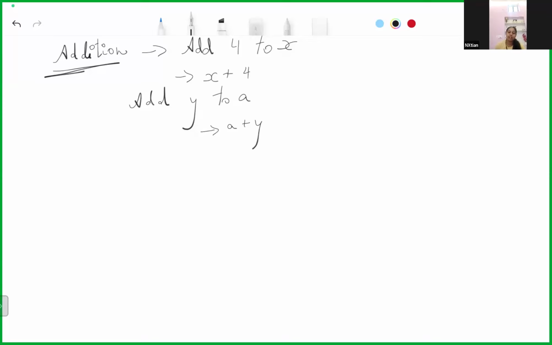Then similarly, it's the same with subtraction. Ma'am, how come when we add two numbers, for example 3 plus 5, it is 8, and here it is x plus 4? Is the answer just x plus 4? If we only have the information till "add 4 to x", the answer will be x plus 4.